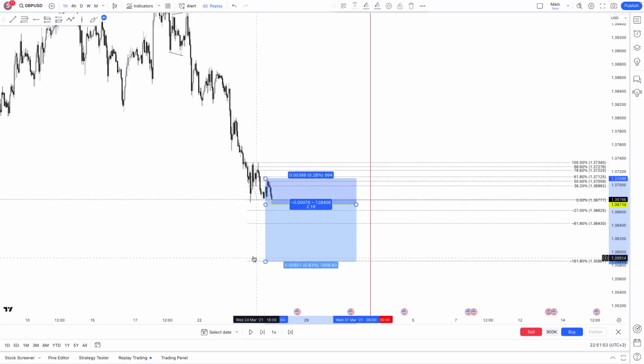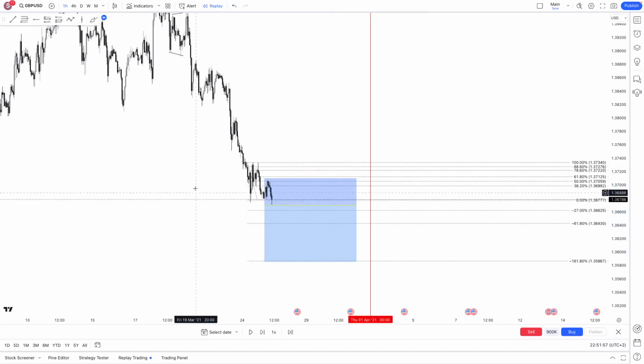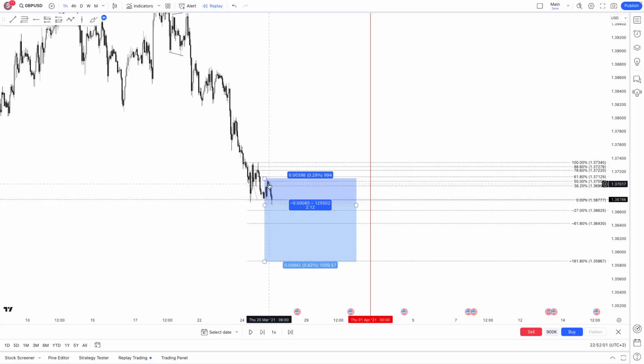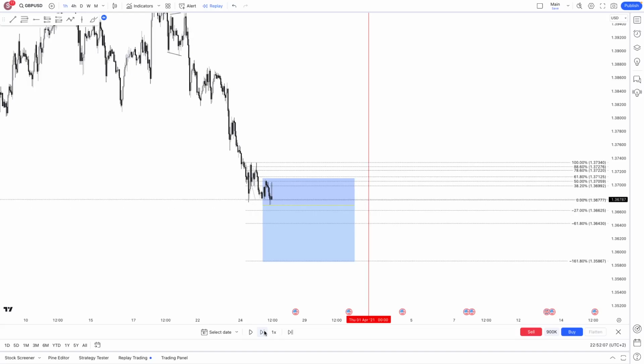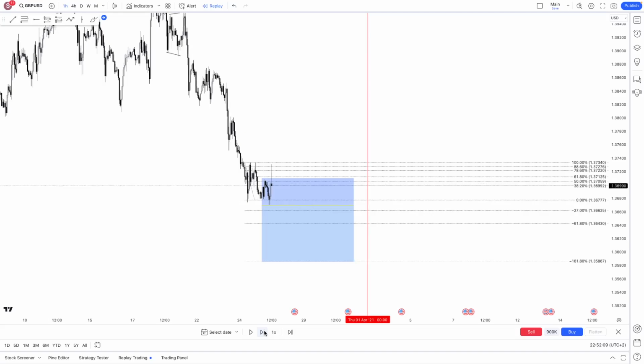So I'm looking for a push to the downside because this is a pullback. Market made an impulse, and this is another correction. So I'm looking for continuation to the downside. Okay, market pushed higher.